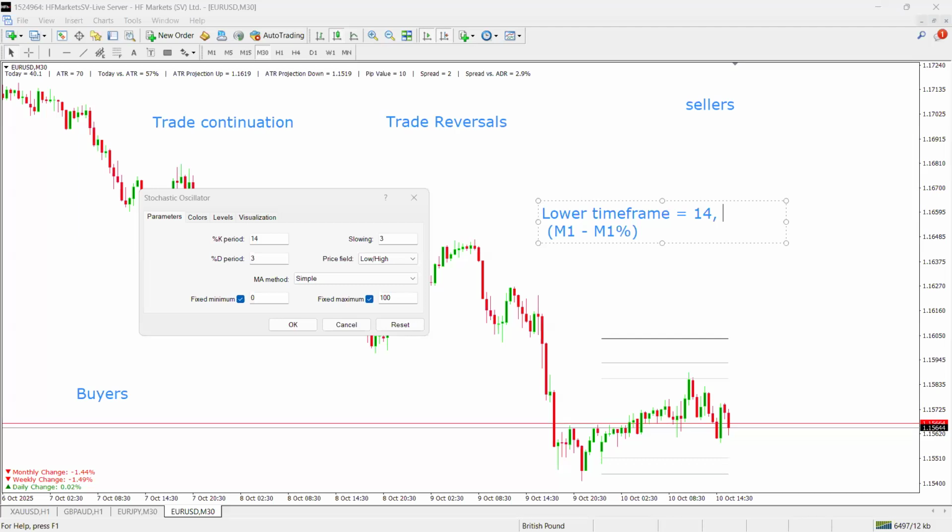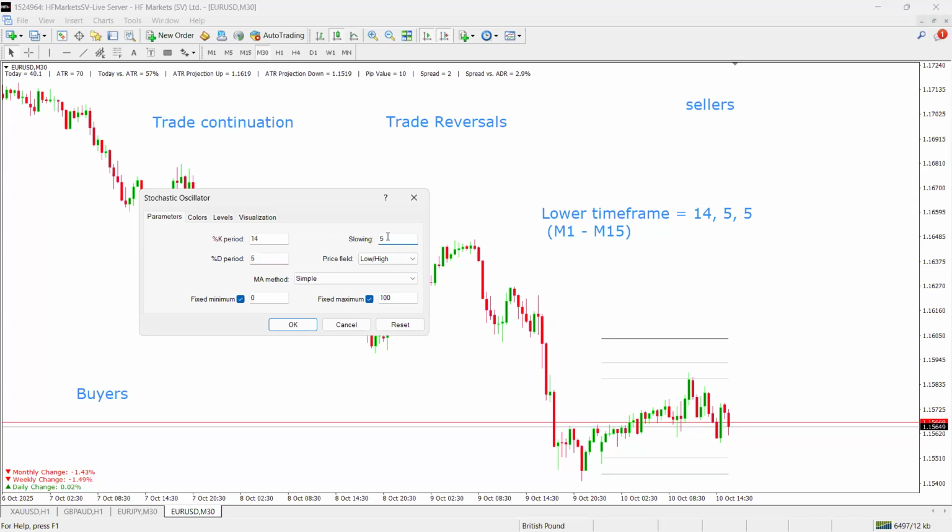We use 5, and then the slow, we use 5. So we use 14.5.5 if you're going to be trading lower time frame M1 to M15, which means this will be 14, this will be 5 here, and this will also be 5.